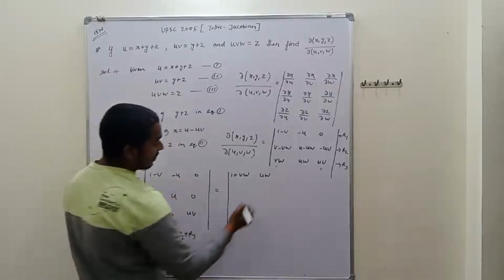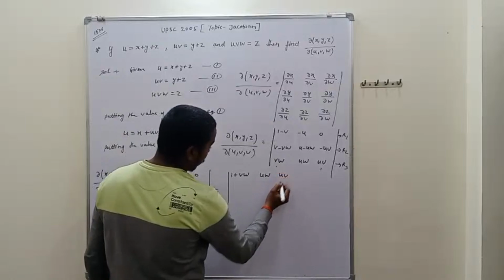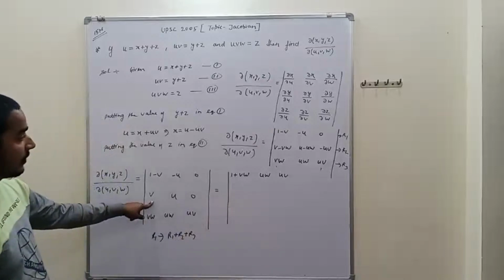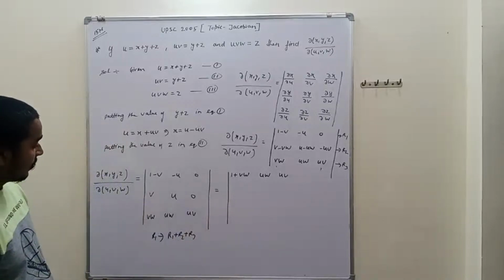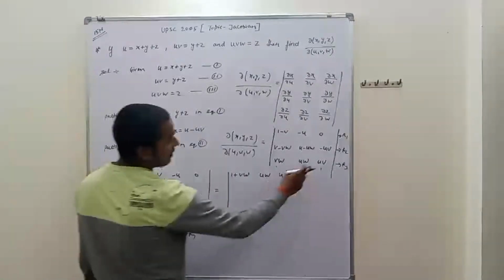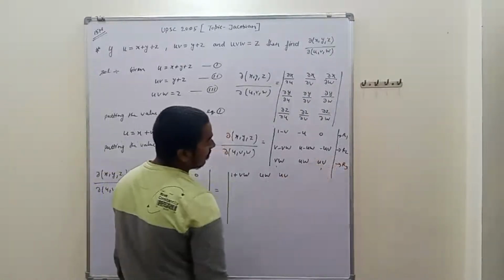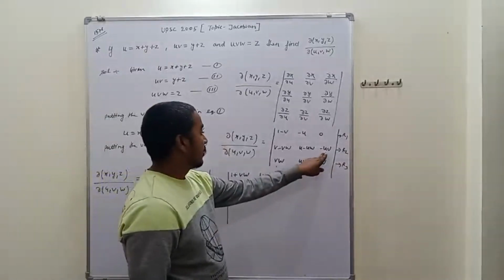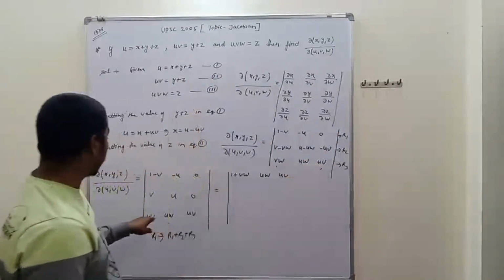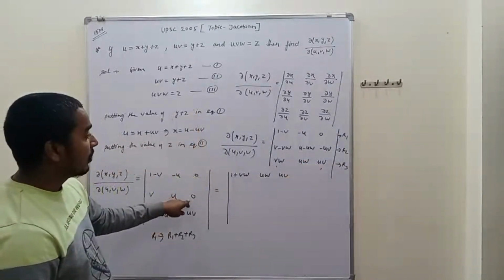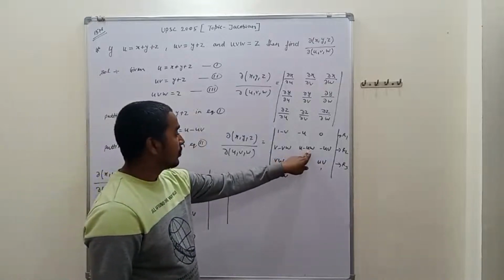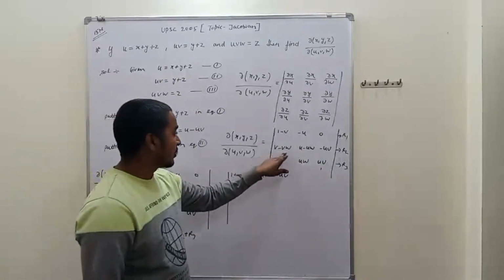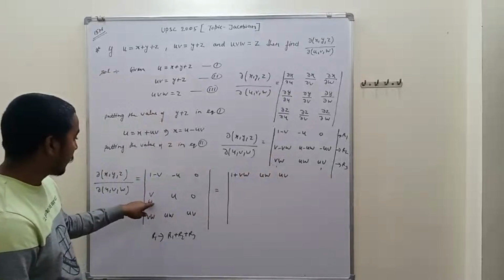R1 plus R2 plus R3, this is UV. And once again here the operation is R2 replacing R1 plus R2 plus R3, then minus UV plus UV cancel out, then 0, and U minus UW plus UW is remaining U, and minus V minus VW cancel out, remaining is V.